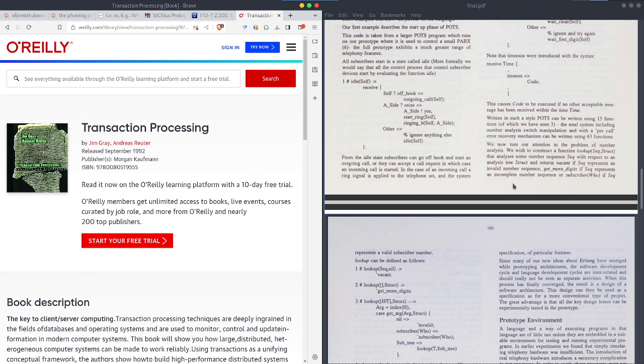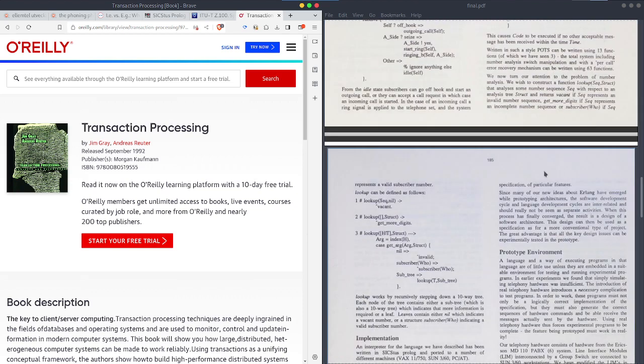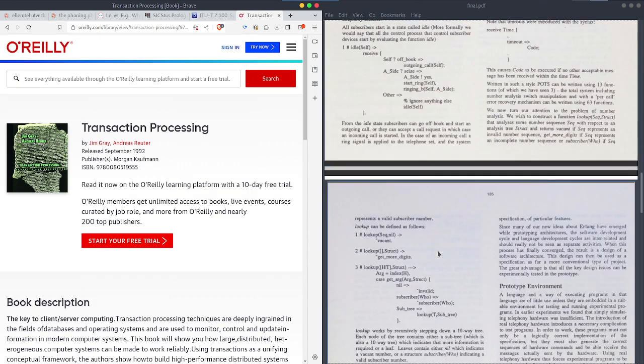We wish to construct a function lookup that analyzes some number sequence sec with respect to an analysis structure and returns vacant if sec represents an invalid number sequence, get more digits if sequence represents an incomplete number sequence, or subscriber rule if sec represents a valid subscriber number.